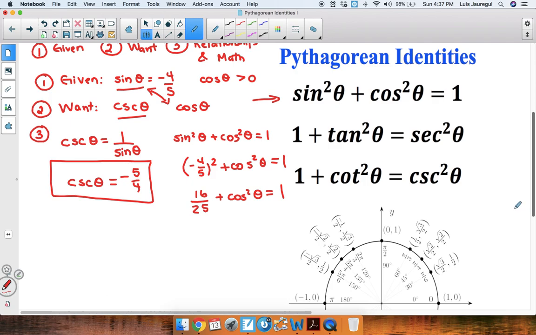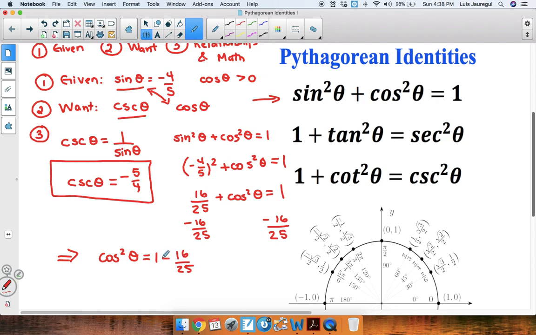In this case, we want to get the cosine by itself, so let's go ahead and subtract 16/25 from both sides of the equation. This will lead us to the following equivalent equation. Cosine square theta is equal to 1 minus 16/25.